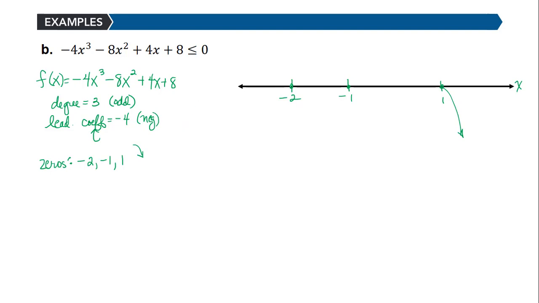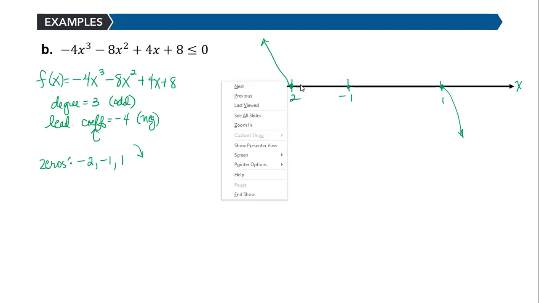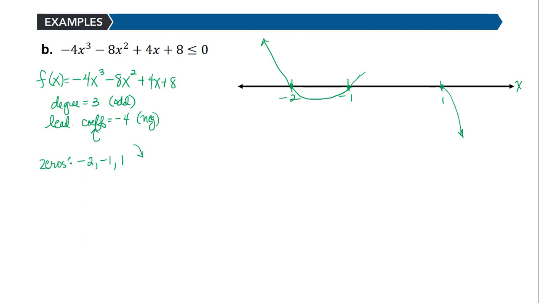So to the left of negative 2, the graph has got to go up. Well, because each of my zeros has a multiplicity of 1, it's going to cross the x-axis. So it's going to be up to the left of negative 2, but then it's got to cross the axis and go down. And then it's got to come back up to go through this intercept of negative 1, 0. And then it's going to go up because it crosses there.